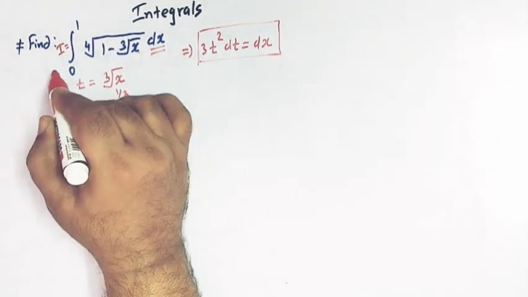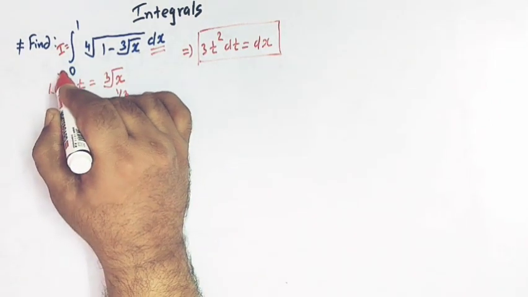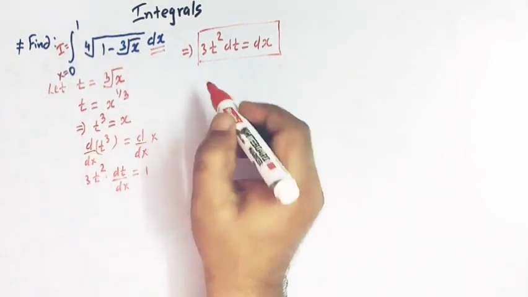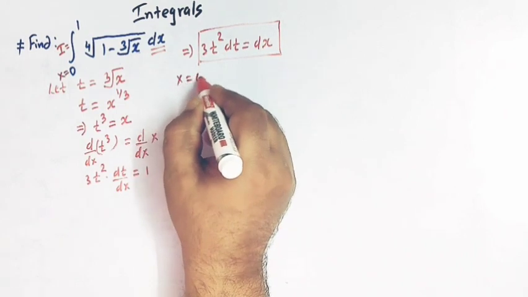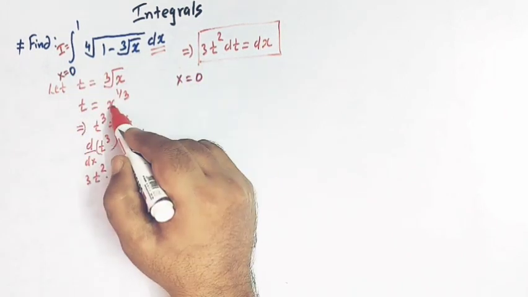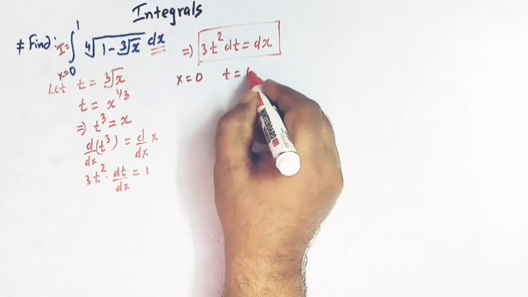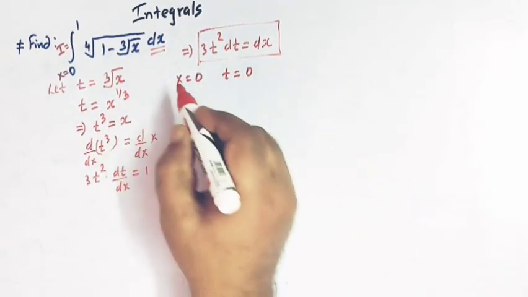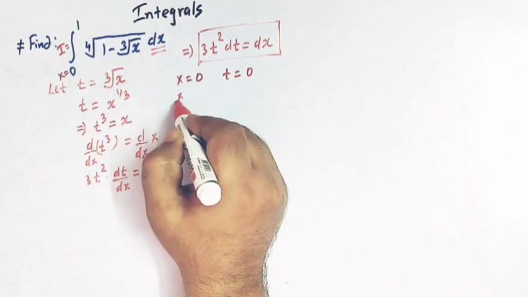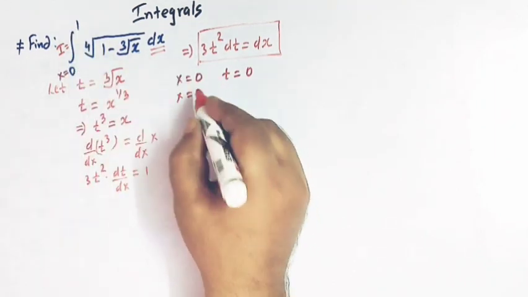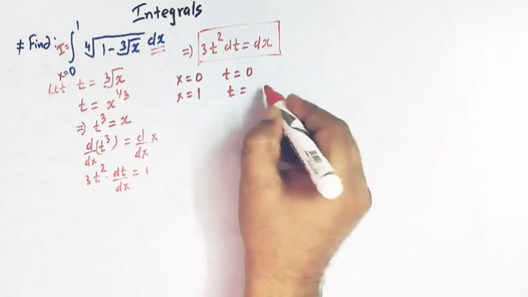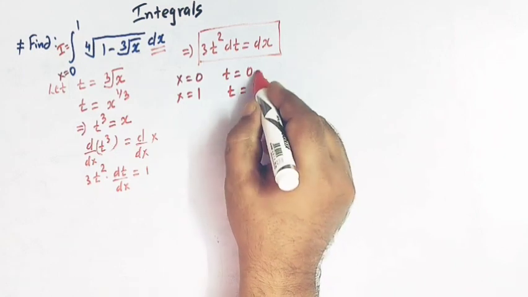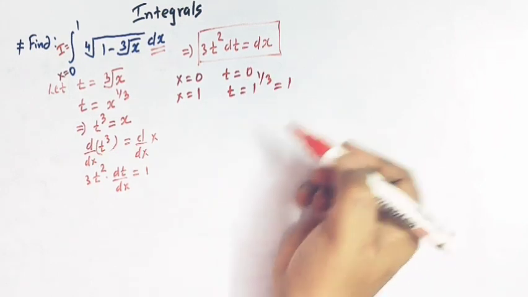Now we see that the limits of integration vary from 0 to 1. When x is equal to 0, then the value of t is also 0, since 0 raised to 1 over 3 is 0. And when x is equal to 1, then the value of t is also 1, since 1 raised to 1 over 3 is 1.